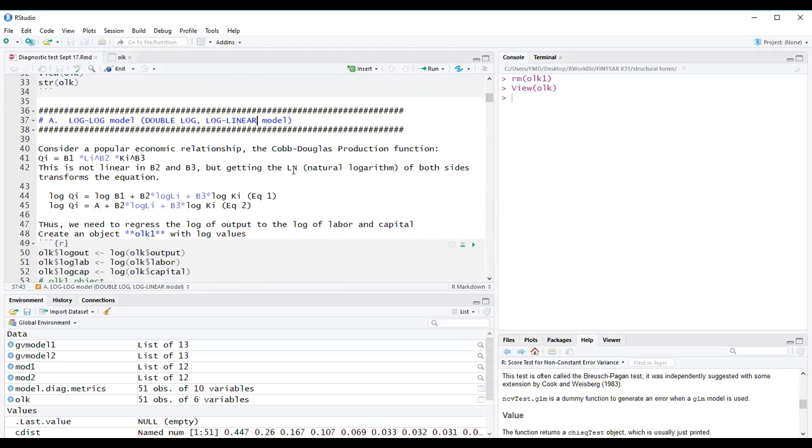Now in economics, guys, we have what we call the Cobb-Douglas production function. Let me write this because it's hard to do in R. Let me open this again. Okay. I'll be needing this again.